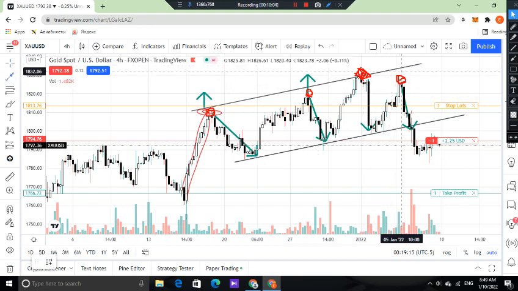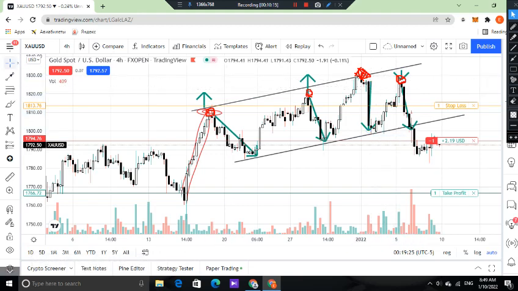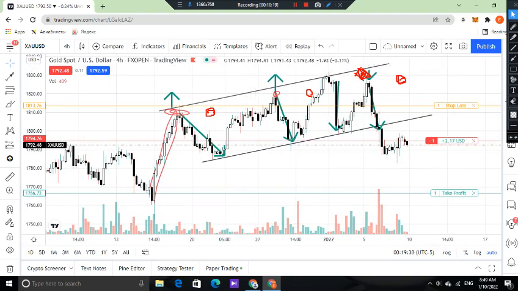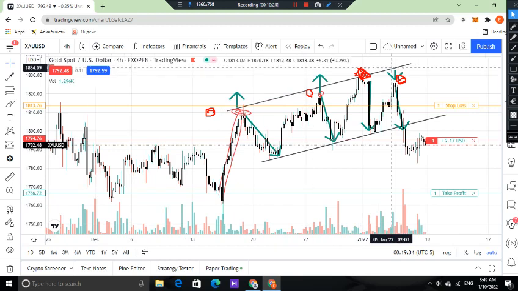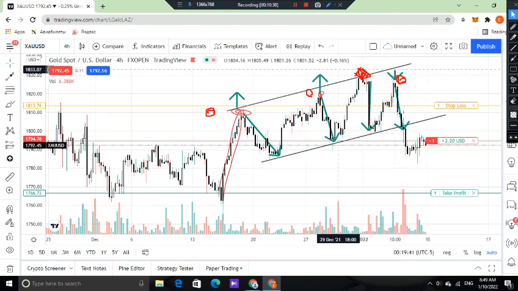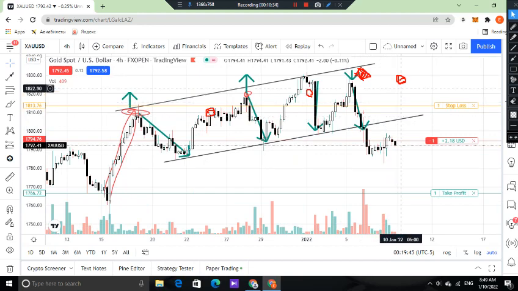But in this one we actually have negative destination maybe, and we not only didn't have a higher top, but also we had this lower top, which could be a sign for you.